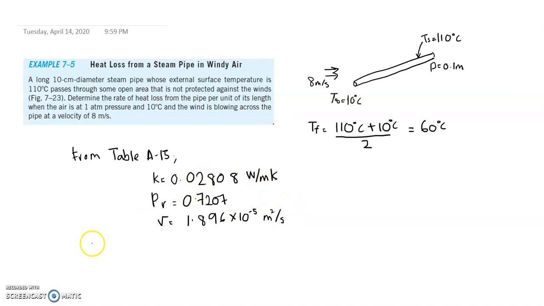Once you know the properties, you can calculate the Reynolds number. Re equals V times D divided by kinematic viscosity. The velocity is 8 meters per second, the diameter is 0.1 meter, divided by 1.896 times 10 to the power of negative 5.